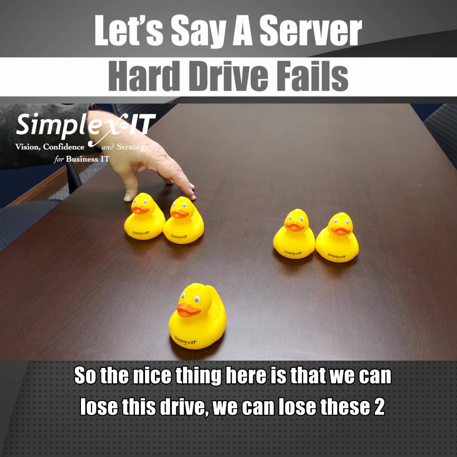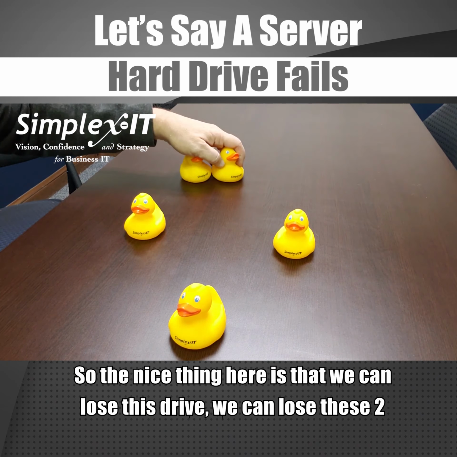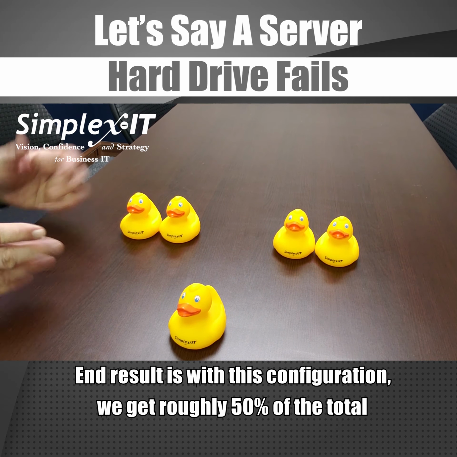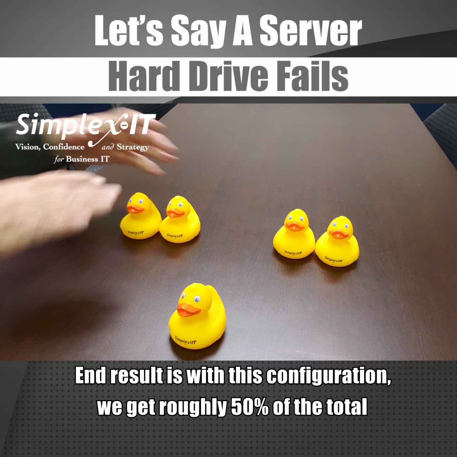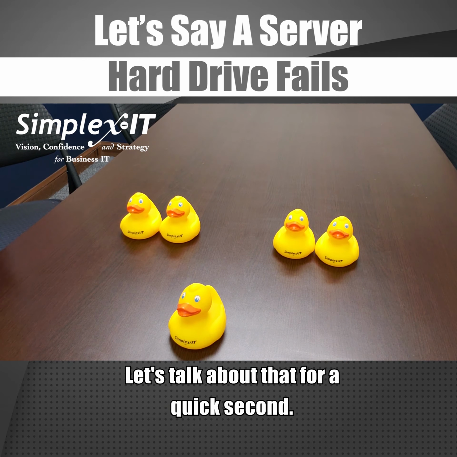So the nice thing here is that we can lose one drive, we can lose these 2 drives and continue to go. If we lose these 2 drives, we're SOL. End result is with this configuration, we get roughly 50% of the total storage. We get roughly twice the performance. The benefit on a RAID 10 versus a RAID 5 is rebuilding. Let's talk about that for a quick second.